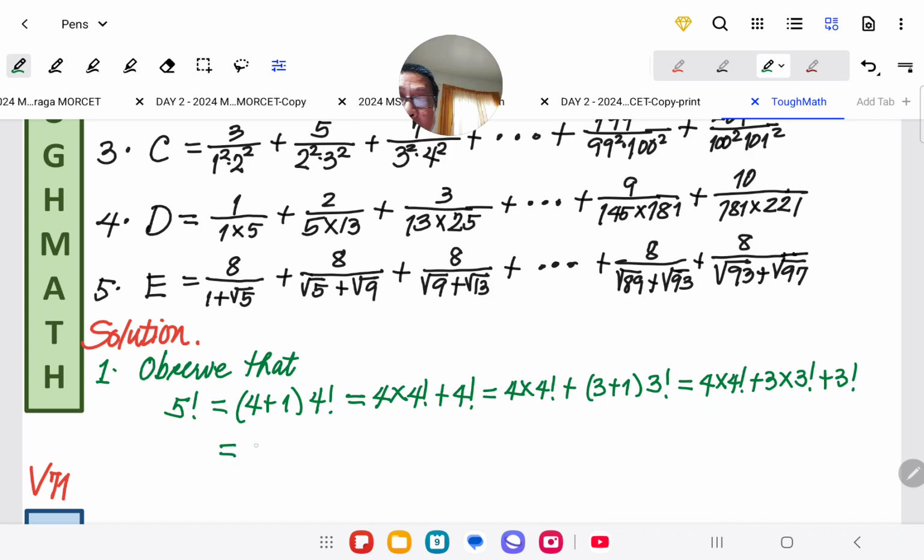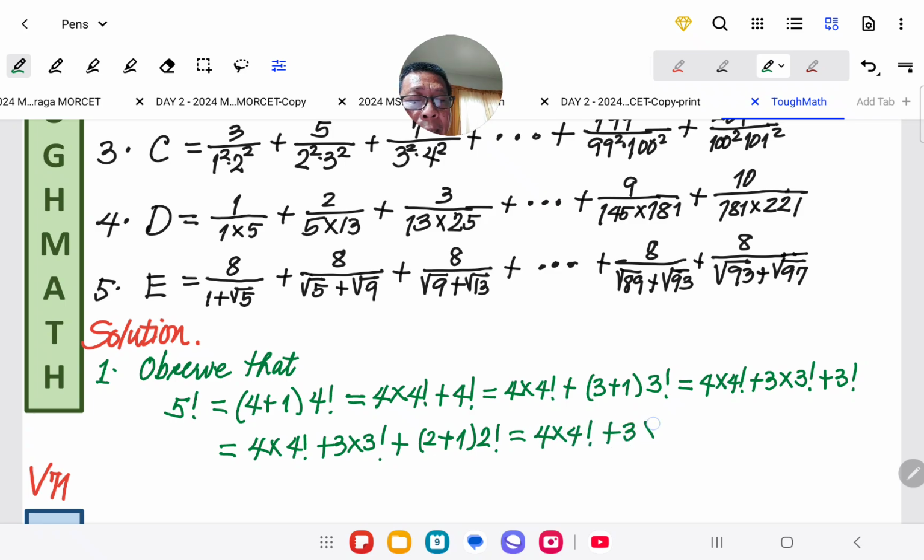And then repeating the process, we have 4 times 4 factorial plus 3 times 3 factorial plus 2 plus 1 times 2 factorial. So we have 4 times 4 factorial plus 3 times 3 factorial plus 2 times 2 factorial plus 2 factorial.